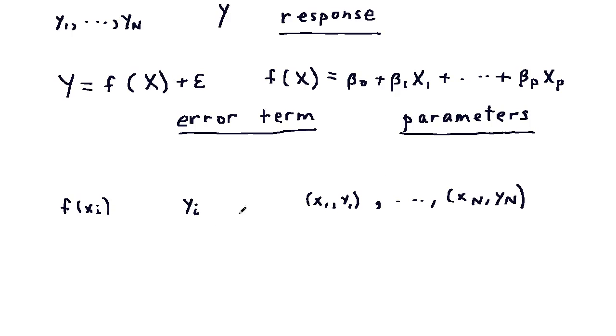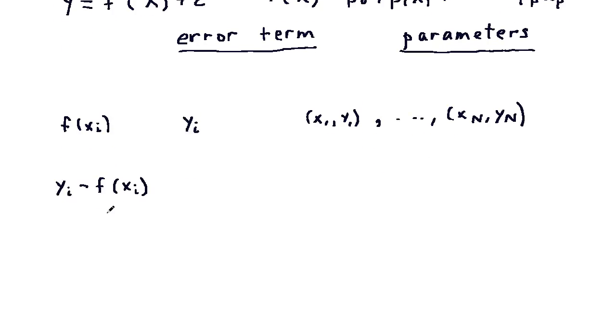Okay, so this is the training data. Okay, so we have yi minus f of xi as the difference. We then square this and take the sum for i equals 1 through n.